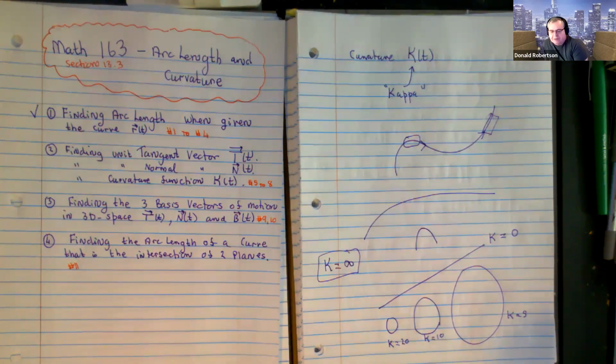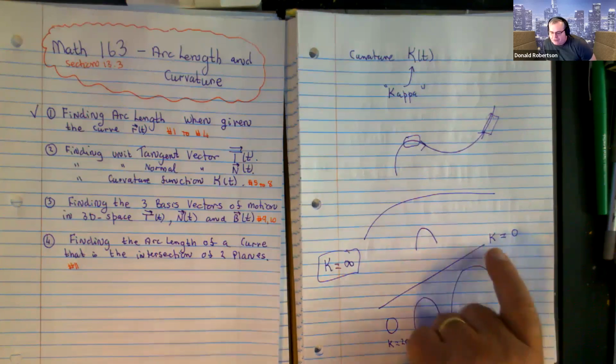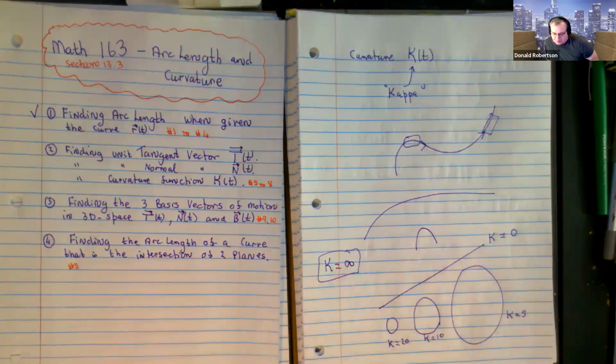But just for completeness's sake, if a straight line is 0, then kappa is 5, then kappa is 10, then kappa is 20. If you did a circle whose kappa was 1,000,000, and then a circle whose kappa was 20 billion, what would a shape look like if its curvature was infinite?